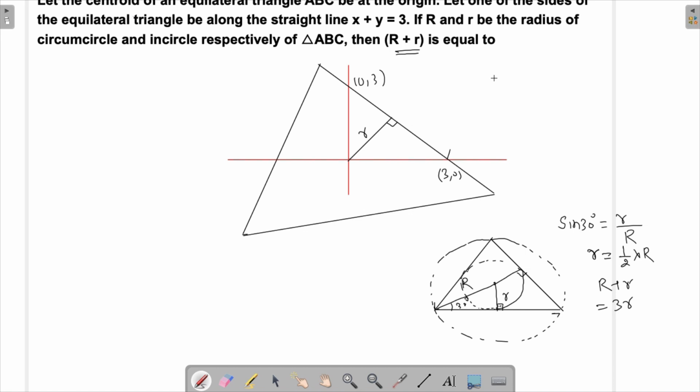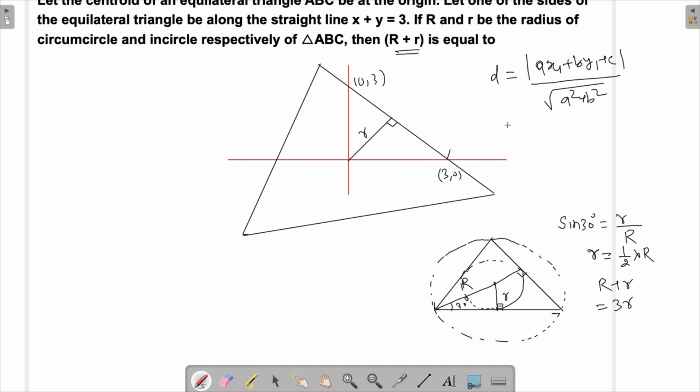And we know that on any line, if you are dropping a perpendicular from a given point, then the perpendicular distance is given by this formula, which is ax1 plus by1 plus c upon the square root of a square plus b square.